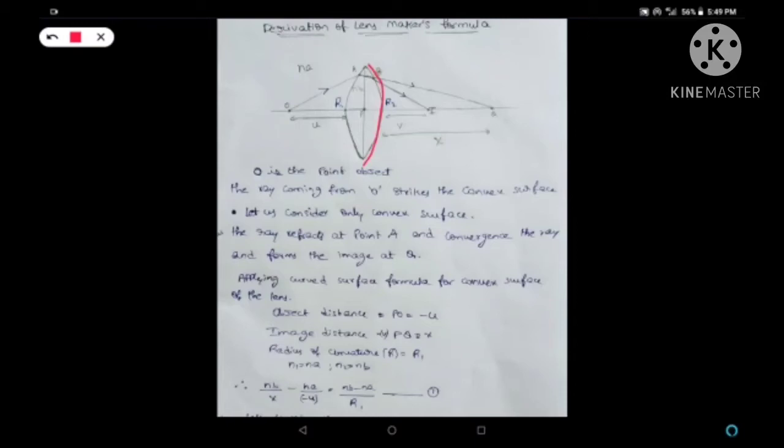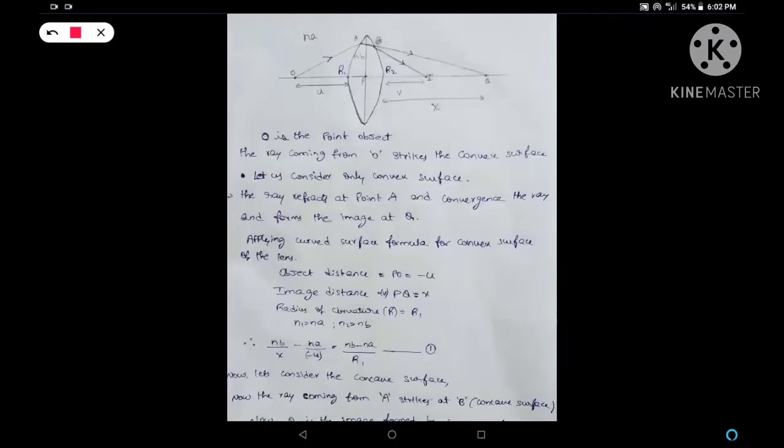The light ray coming from the O strikes the convex surface first, and if there is no concave surface, the image formed by the convex surface is at point Q. But there is also the concave surface. After striking the convex surface at point A, the light ray again enters the glass lens and strikes the concave surface at point B.